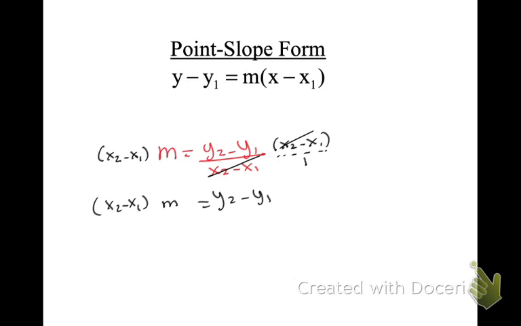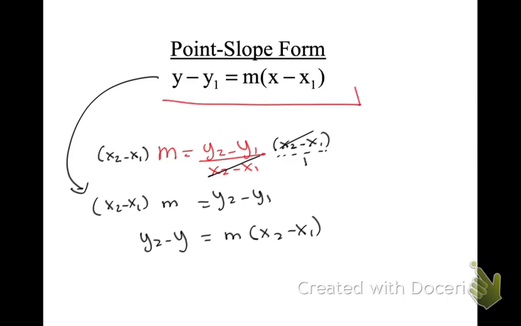Now, the difference here is that I'm going to flip it around. Notice my point-slope up here. y2 minus y1 equals m times x2 minus x1. Now, the difference with our point-slope formula is all we really need is 1 point.